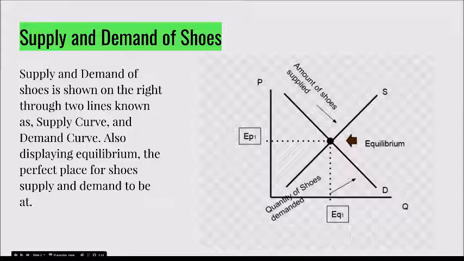The graph here is showing the quantity of shoes demanded, which is the graph that's going down, and the amount of shoes supplied, or the supply in general, is shown here going up. And the equilibrium price 1 and equilibrium quantity 1 are shown here.